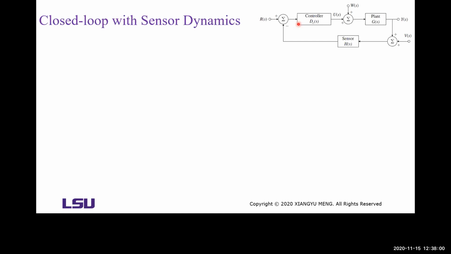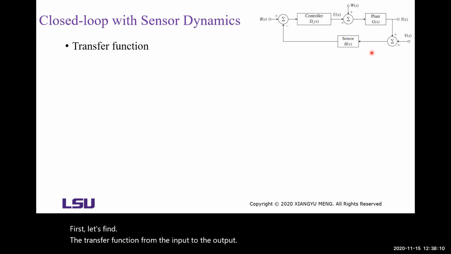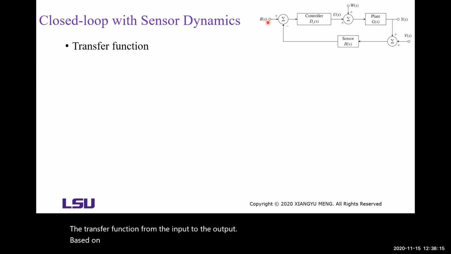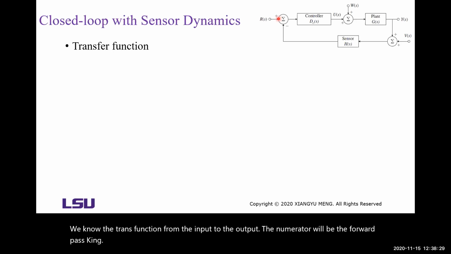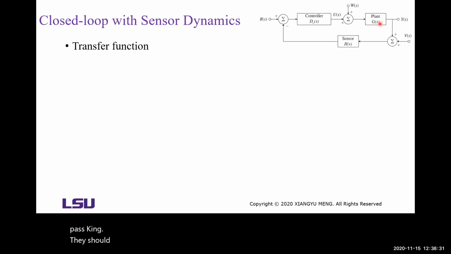First, let's find the transfer function from the input to the output. Based on the block diagram algebra, the numerator will be the forward path gain, that will be D(s) times G(s).